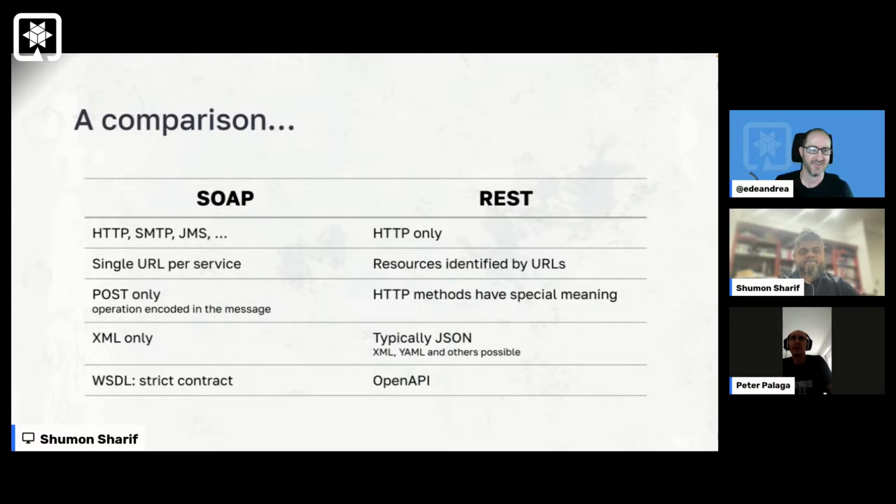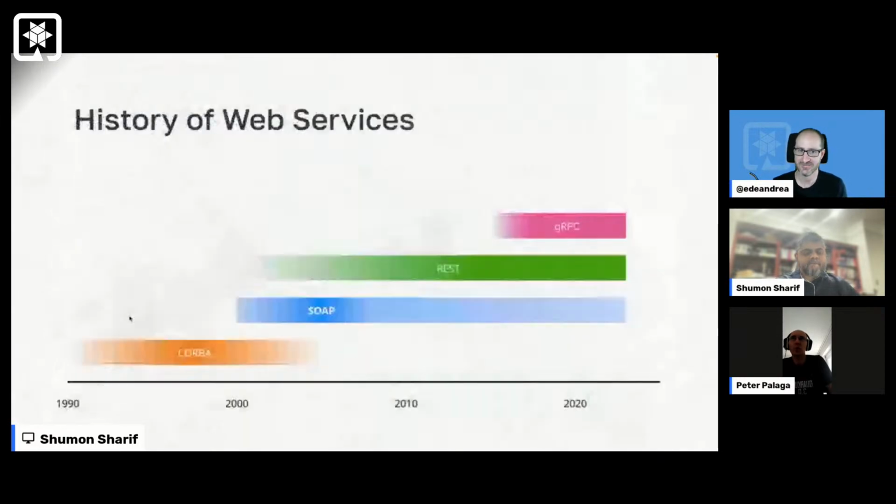Yeah, definitely. On the previous slide, I have drawn the SOAP bar a little bit fading because it's getting less popular, and I doubt many folks are writing new services using SOAP.